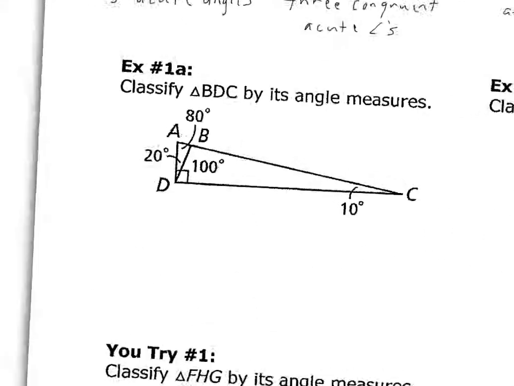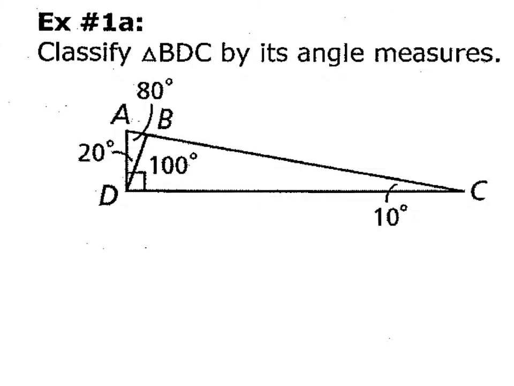Okay, so you're going to be given examples, and you're going to be asked to classify which type of triangle it is. So in this one, we're going to classify triangle BDC, the one outlined in red. We know that angle B appears to be 100 degrees.